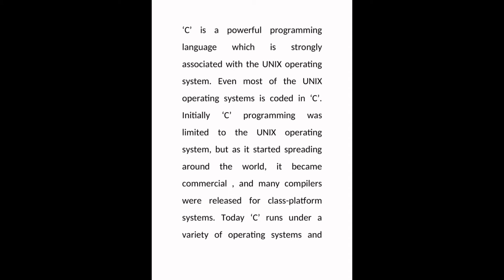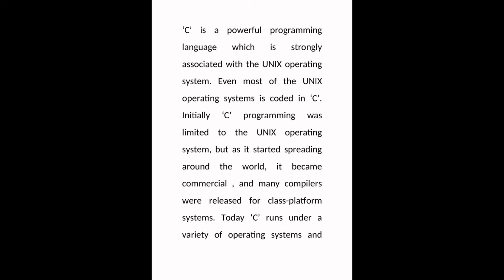Initially, C programming was limited to the Unix operating system. C was developed to make the Unix operating system, but as it started spreading around the world, it became commercial and many compilers were released for various platforms.